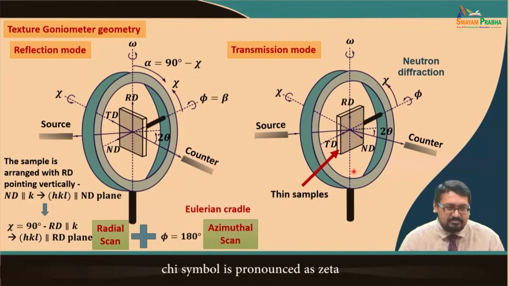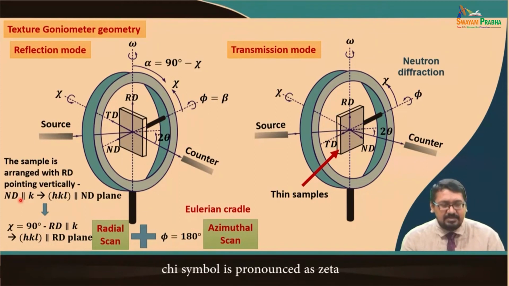So, if we look here, what I have written is the sample is arranged with RD vertical in case of the reflection mode, and that is what we learned in the last slide, that keeping RD vertical and ND is initially kept parallel to the K, that is the bisector between the incident and the diffracted radiation.